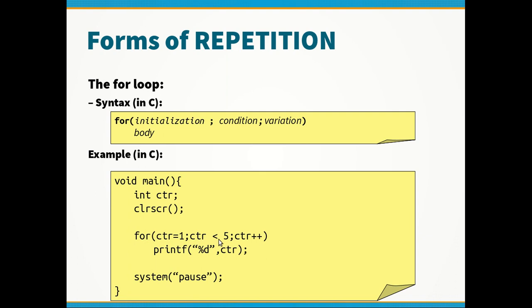We will interpret that condition for the first time, after which, if it is true, we will perform the body, and then and only then will it actually go back here, perform the variation statement, and then test the condition once again, if it is still true, which is probably so, because at this point probably CTR is only equal to 2 because it was 1 and then we added here plus 1.